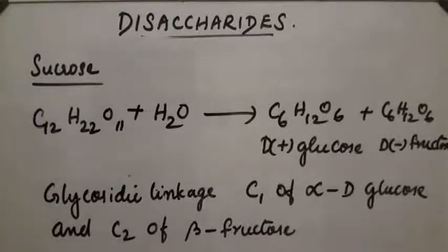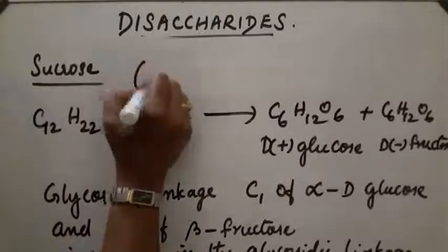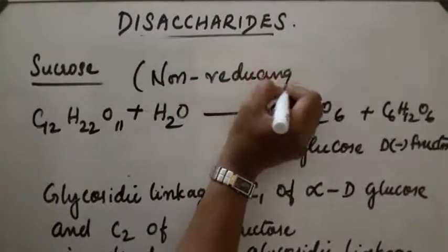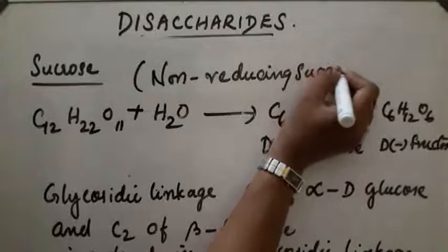The reducing groups, CHO and CO groups present in glucose and fructose, are involved in the glycosidic linkage, so they are not free for reactions. So sucrose is also called a non-reducing sugar.